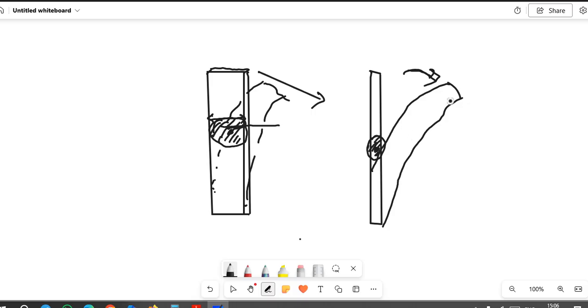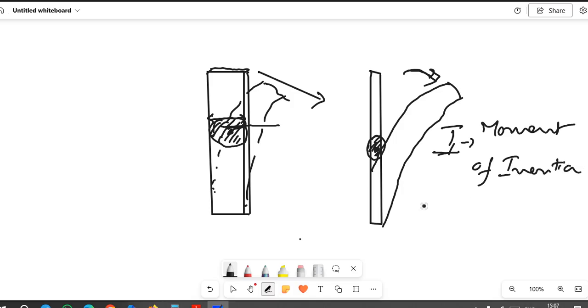That means it will bend easily. This is where I comes into the picture. What is I? Moment of inertia, that is second moment of area. We'll go deep into the I part in the next session and coming sessions.